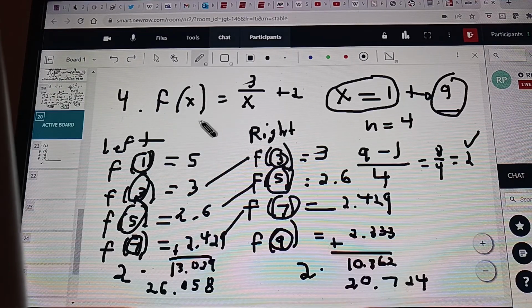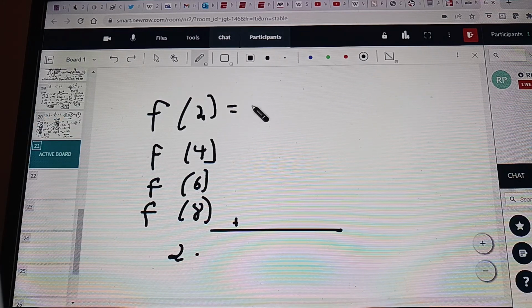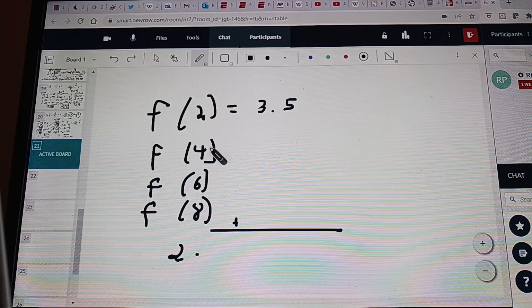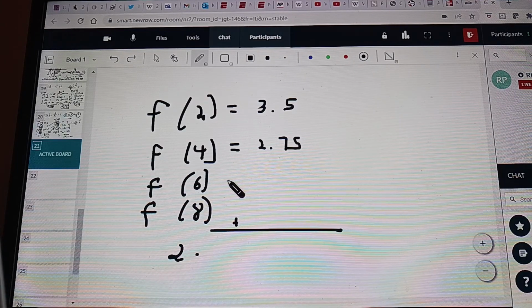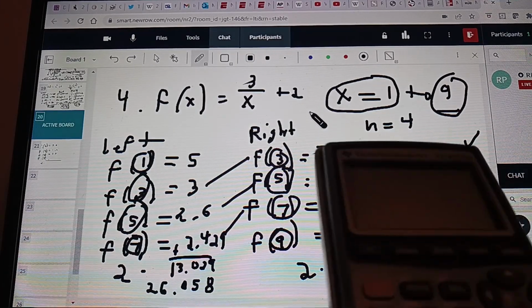So 3 divided by 2 is 1.5, plus 2 is 3.5, so that one came out okay. Plug in a 4. 3/4 is 0.75 plus 2 is 2.75. 3 divided by 6 is exactly a half, so 2.5. So far I haven't needed a calculator yet. But 3 divided by 8 is 0.375.